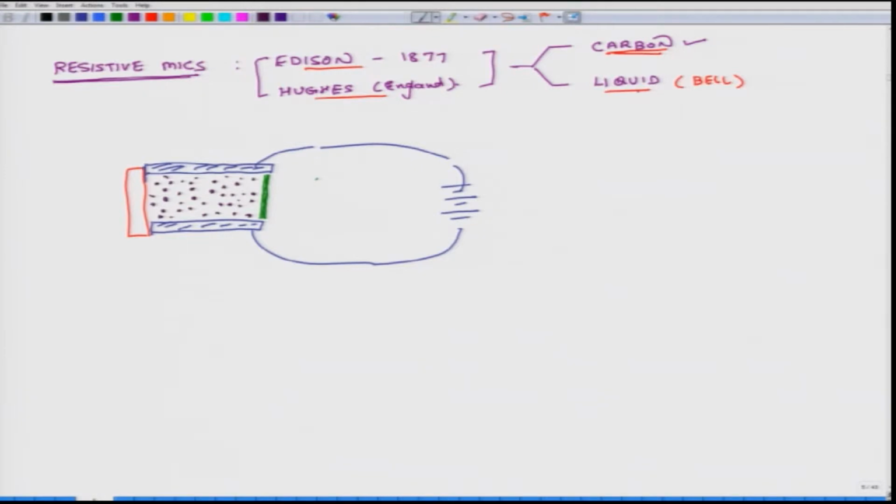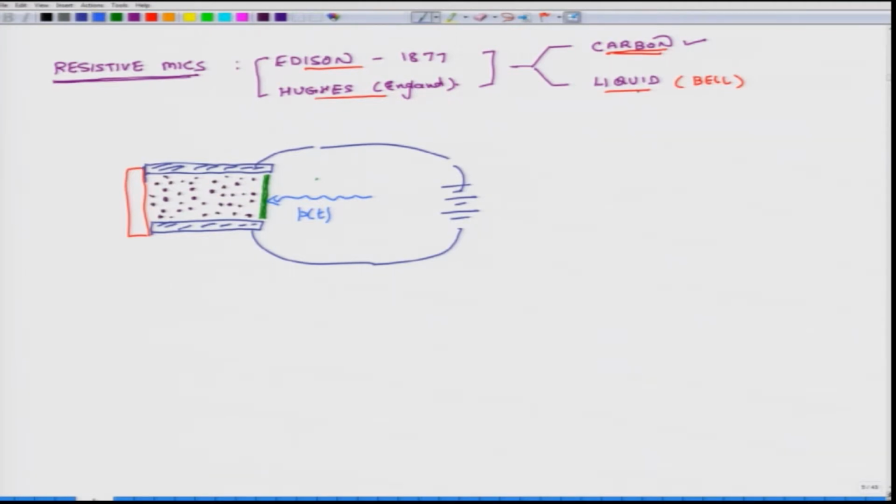Now, when sound hits this diaphragm, it pushes it inside. Because of the changing sound pressure level here, P, which is a function of t, the green diaphragm moves in and out. As the diaphragm moves in, the resistance of this graphite material becomes less because the spacing between the graphite particles becomes less, and as the diaphragm moves out, it becomes more.